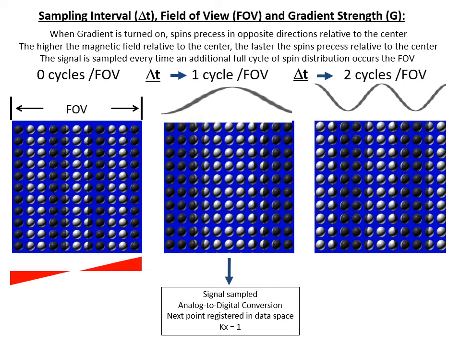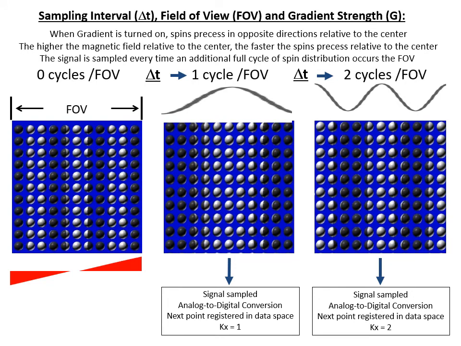After another period of time, the spins precess more, and when there are 2 full cycles of phase distribution across the field of view, the signal is sampled again, goes through another analog to digital conversion process, and the next point is registered in data space, which we would call kx equal to 2. And this keeps happening after each incremental full cycle of phase distribution across the field of view until all the data required has been collected.